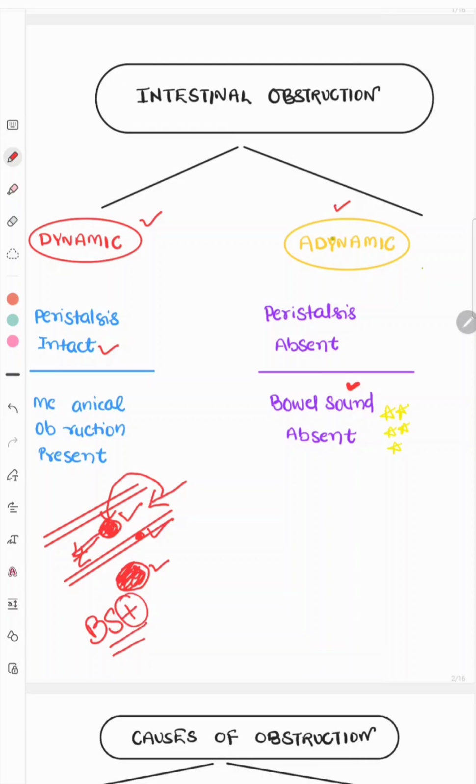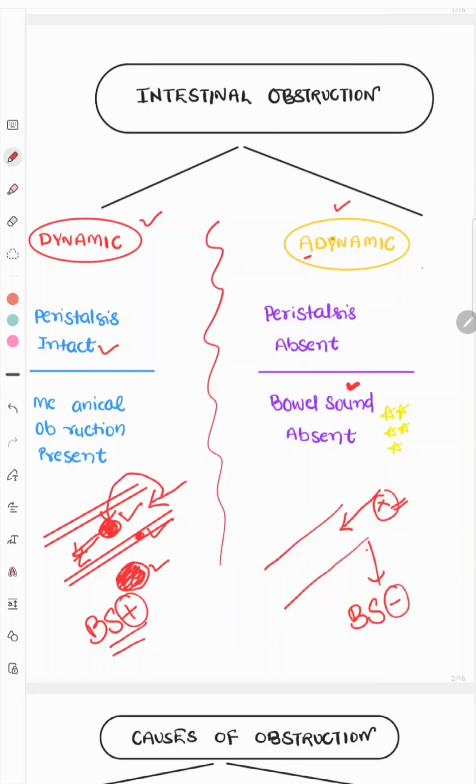As compared to dynamic, in adynamic obstruction there is failure of the mechanism which leads to peristalsis. In simple language, there is absence of peristaltic movement, so there is no bowel sound.